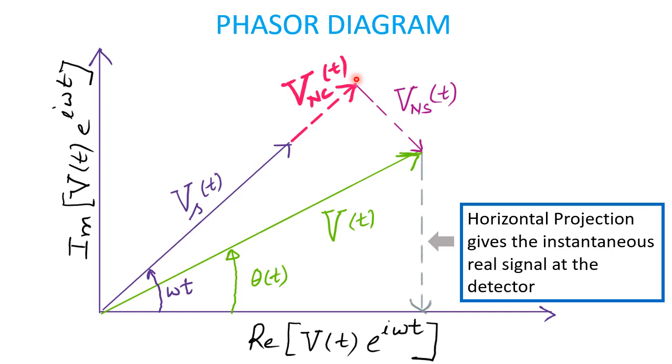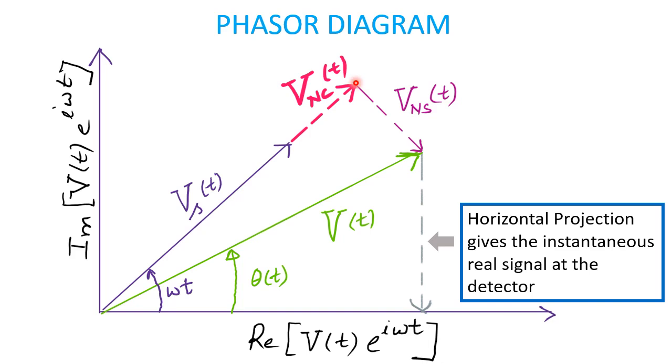And then you need to add the quadrature noise. Remember, that was minus I times the VNS, hence this particular direction. You can easily make out that to this vector, essentially I'm adding something which is multiplied by the minus of the complex number I, right?